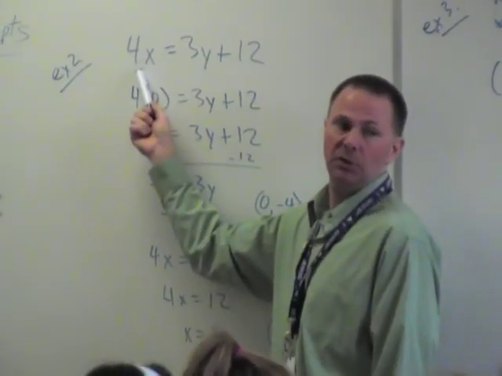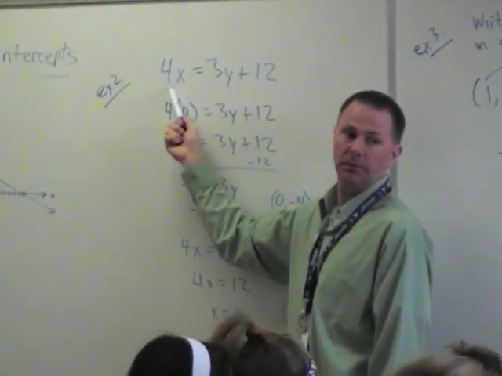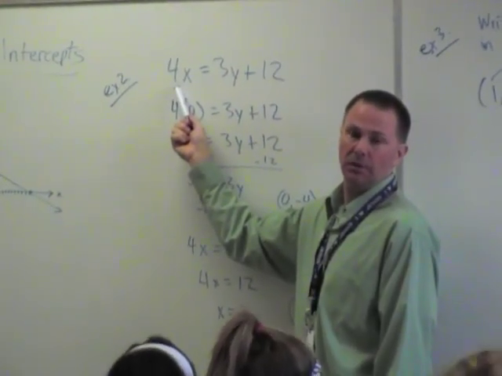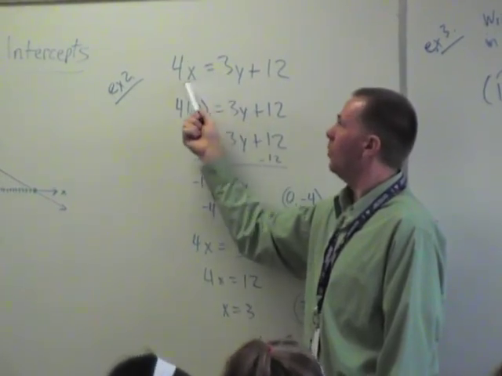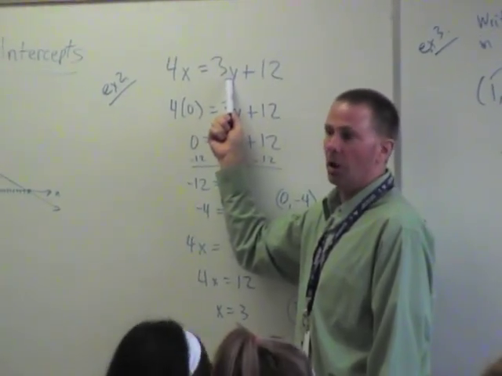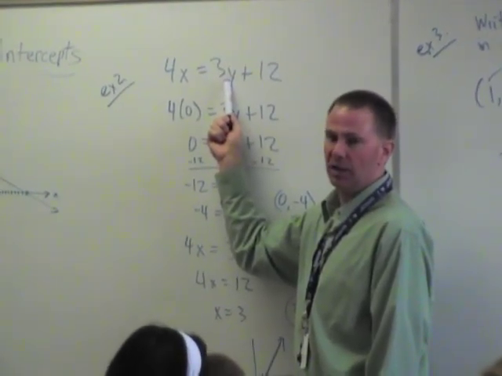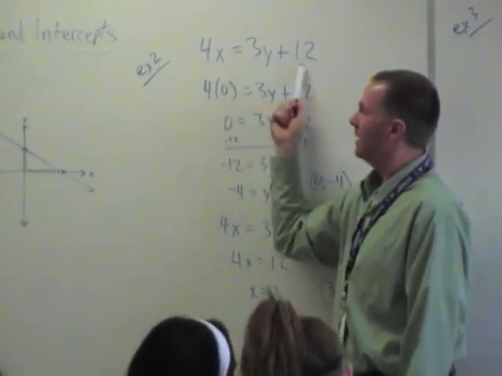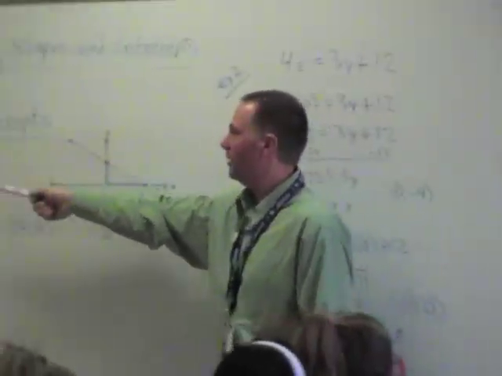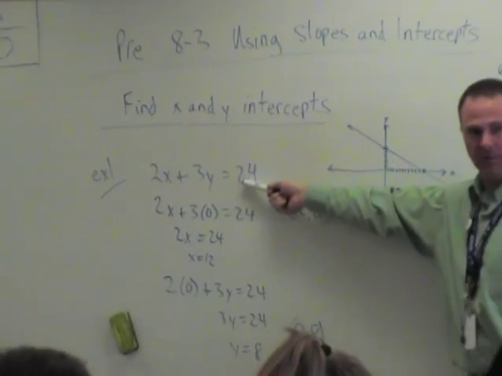Listen so you don't ask me a stupid question later. Standard form means that the x and y terms are on the same side of the equal sign. This is not in standard form. This is. That's all.